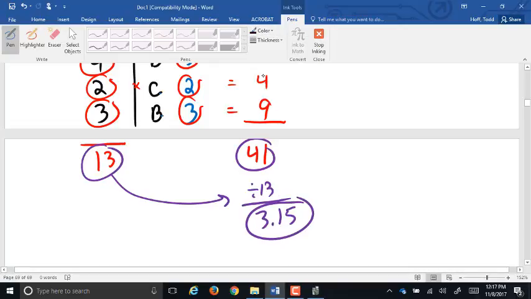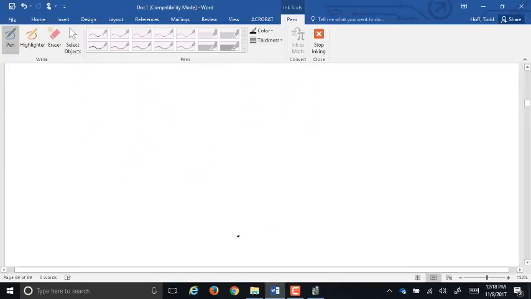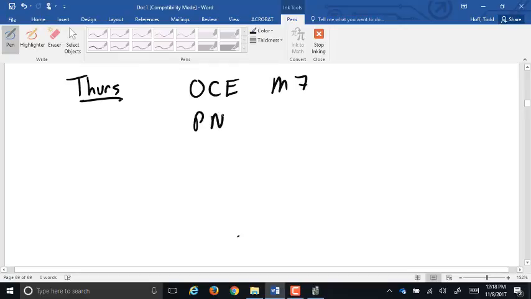If we need to spend more time on Monday going over weighted averages, we will. I flew through that kind of fast. Due for tomorrow, for Thursday, remember, is the out of class exercises for M7 and the preparing next lesson for M8.